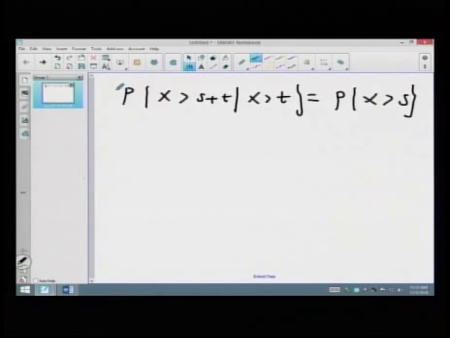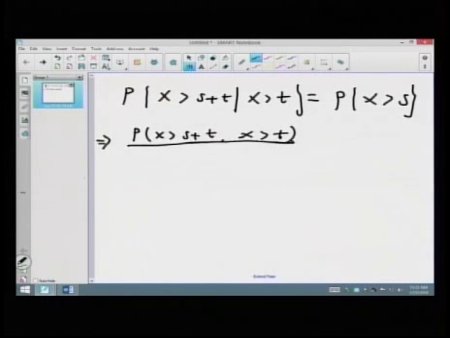This is exactly the same as the probability that X is greater than s plus t and X is greater than t, over the probability that X is greater than t.